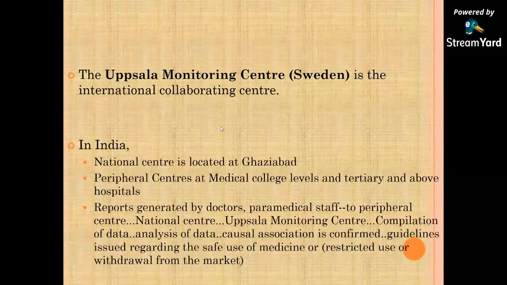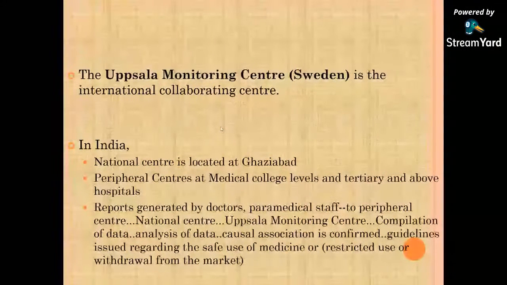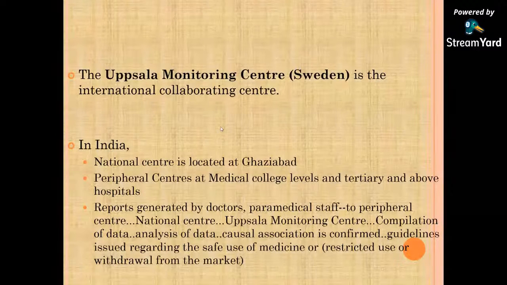As with the national center, various small centers for the reporting of ADRs are also available in various hospitals. So reports generated by doctors and paramedical staff go to peripheral centers and national centers.